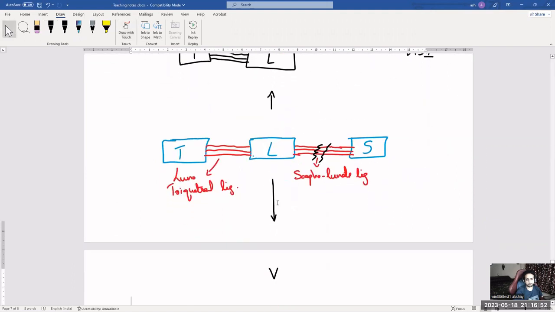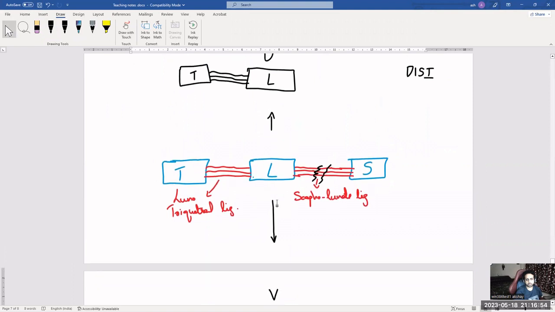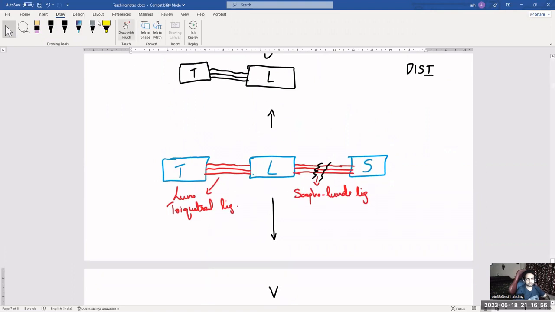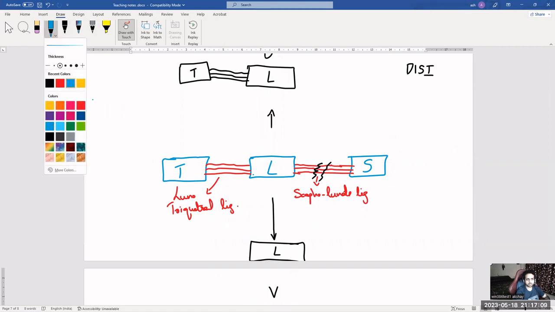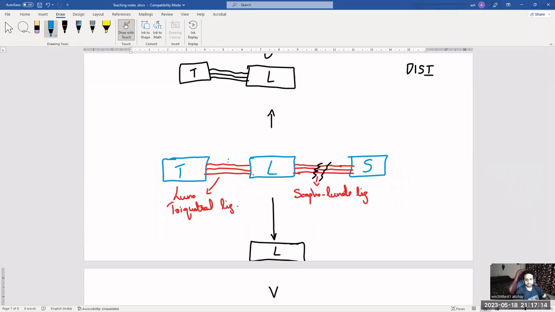Now the lunate is over here, and the lunate can move volar only if there is disruption of the lunotriquetral ligament. So because of disruption of the lunotriquetral ligament, the lunate is free to move or tilt.